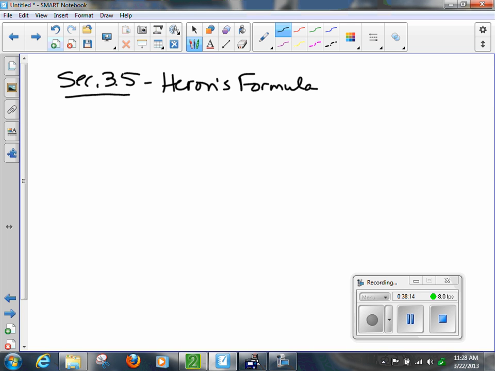Heron's formula, write this down. H-E-R-O-N. It is a bird, but this is not a bird formula. This is going to help us find the area of oblique triangles.